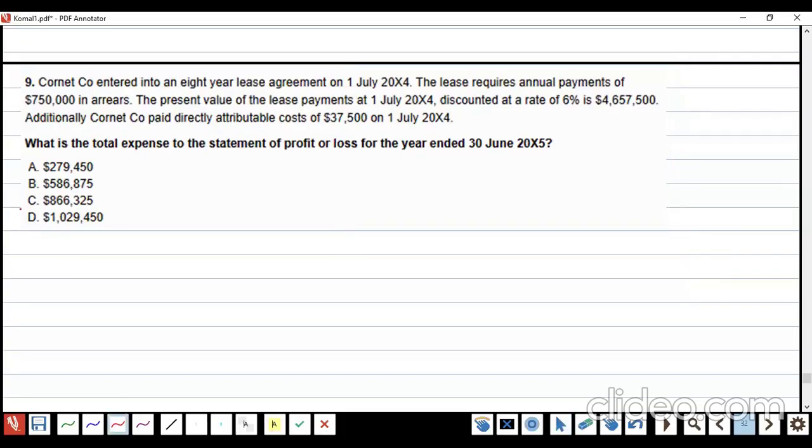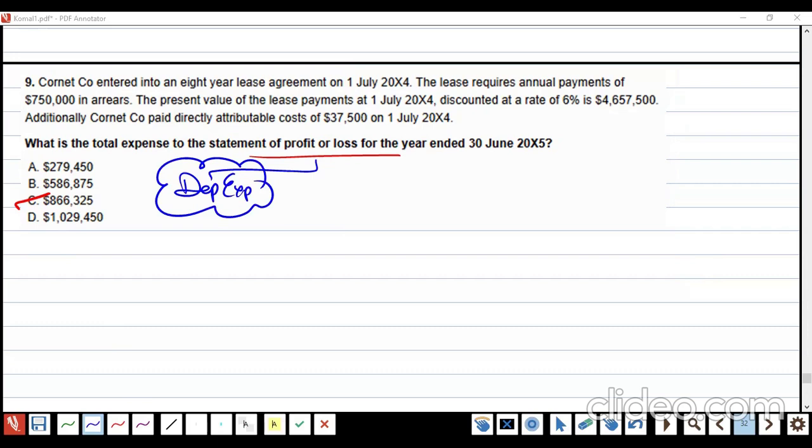Answer C is correct, but again, explain to me how. So the total expense first, it's two parts. One is depreciation and one is the finance cost. So for depreciation, we add the present value of the lease payments, 657,500, plus the directly attributable cost.